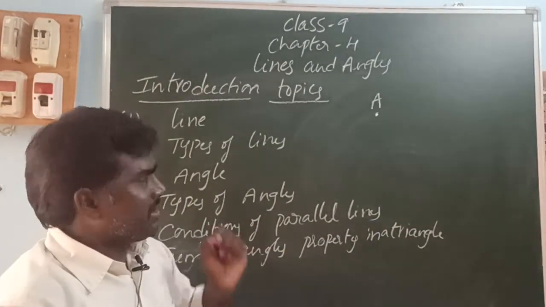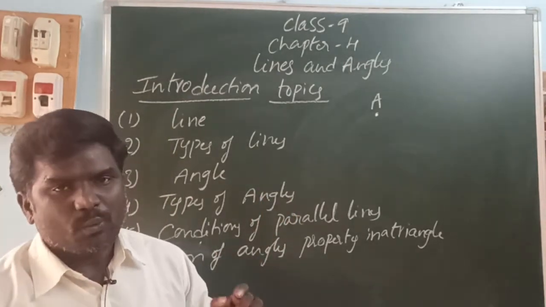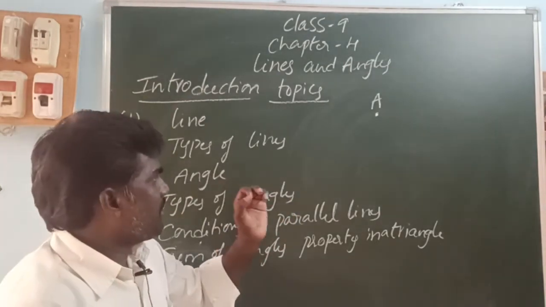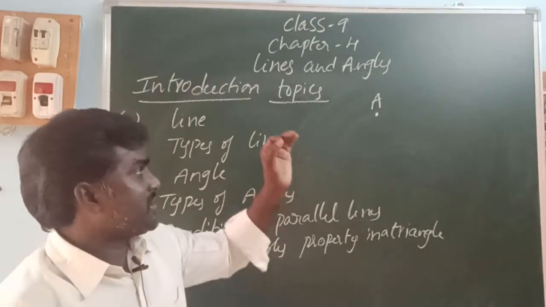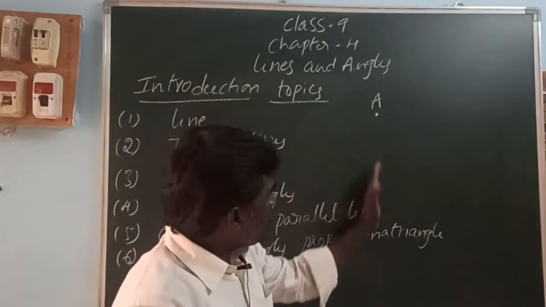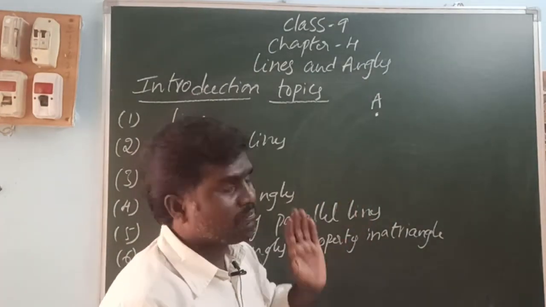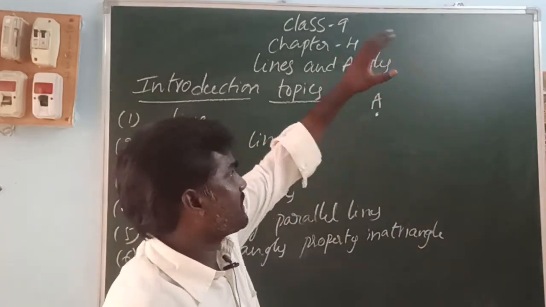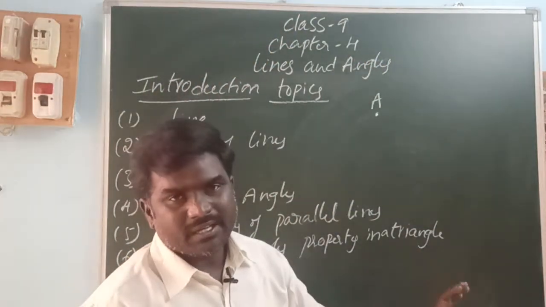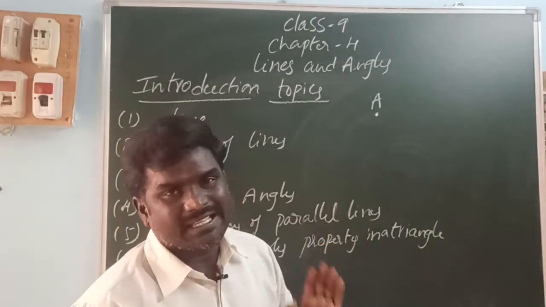Next, line segment. What is a line segment? Before we go to the line segment, know about surface. We can draw paths from a point. How many paths can we draw? Infinite paths. The infinite paths having boundaries, that surface is called a plane surface.